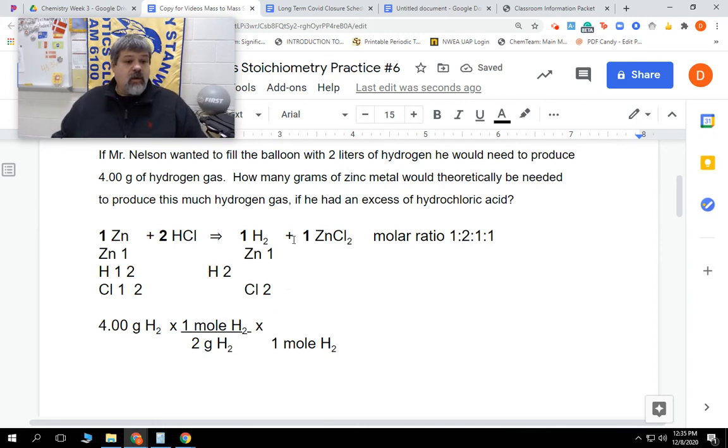And that's going to equal what the question is: how many grams of zinc metal would theoretically be needed to produce this much gas? So we're looking at this one right here, zinc metal. Now, that's 1 mole of zinc, Zn. Okay.